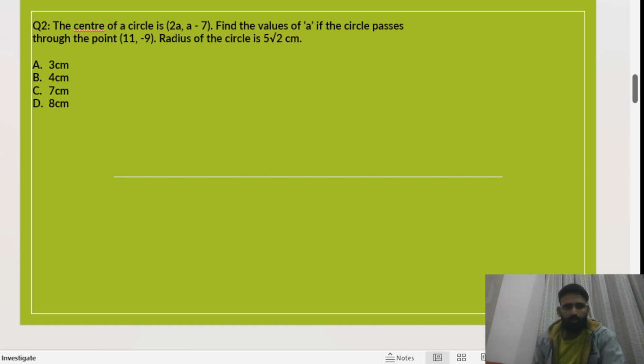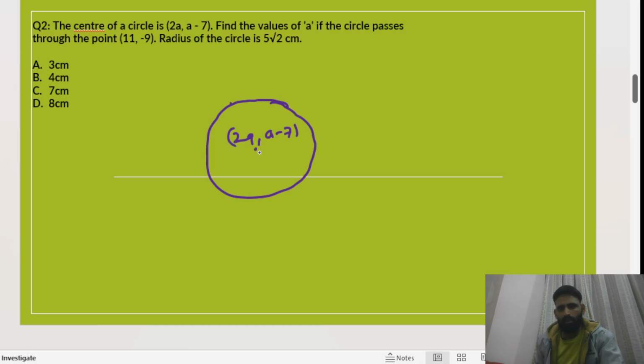So draw a circle. Suppose this is a circle and this is the center. The center's point is given as 2a comma a minus 7.